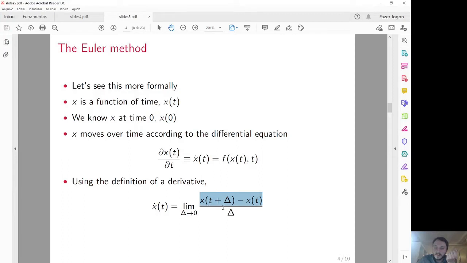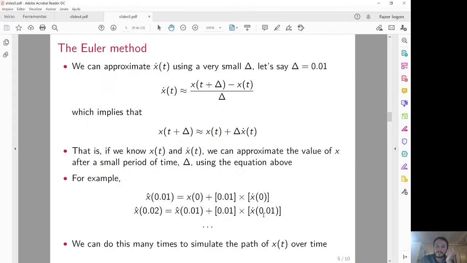And then it's the difference between the x in the two time periods divided by the length of the time period. And the derivative is this thing when the length of the time period goes to 0.